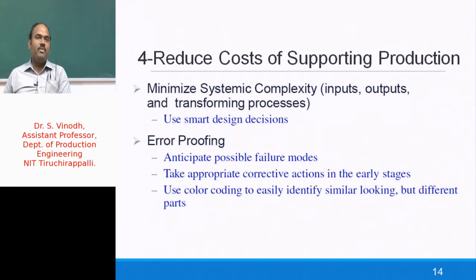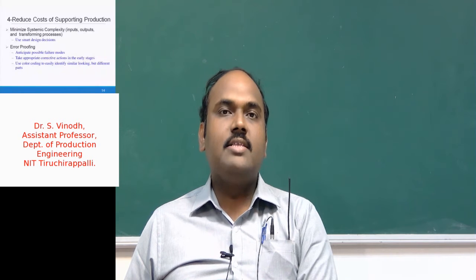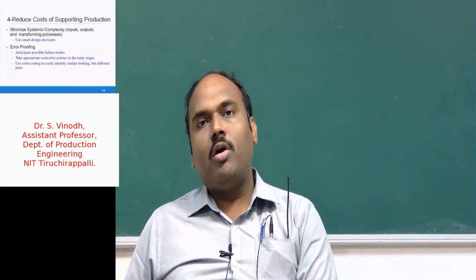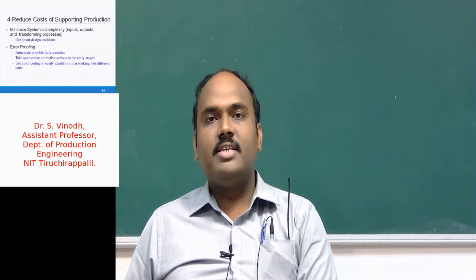Error proofing is a very interesting aspect of product design. It is also called mistake proofing or poka-yoke in Japanese terms, which implies that even if a customer or user tends to make mistakes, the system or the product should not allow the user to commit such mistakes.